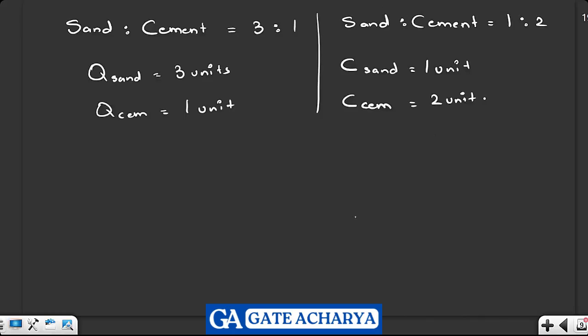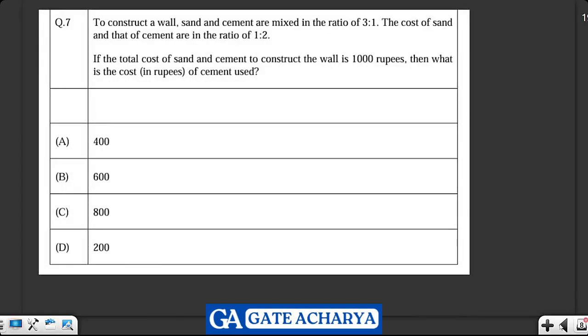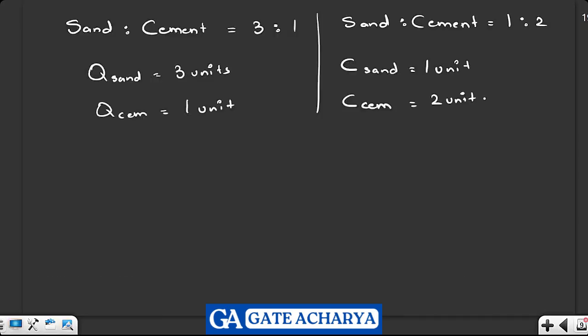Now, the cost of sand is 1 unit. So what is the expenditure on sand here?